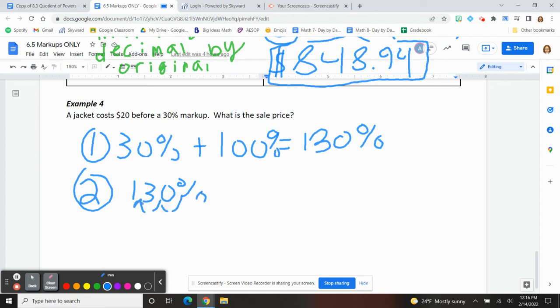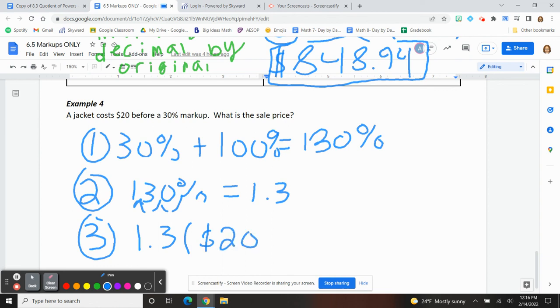So our decimal becomes 1.3. Lily, how do we finish this off? Sweet. So we multiply our decimal by our original value, which is $20. And Brooke, what's 1.3 times 20? So our new markup price, our new sale price is $26.